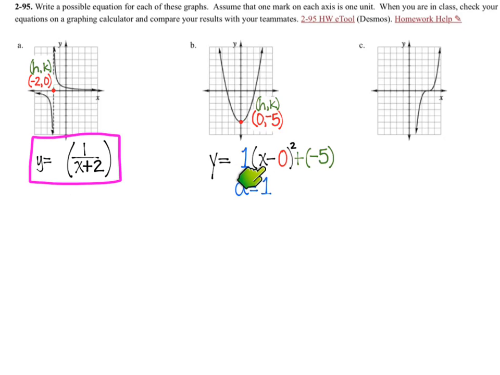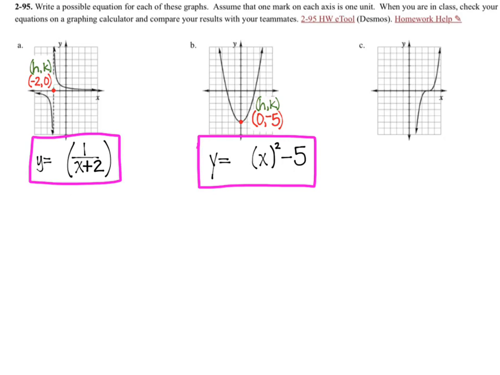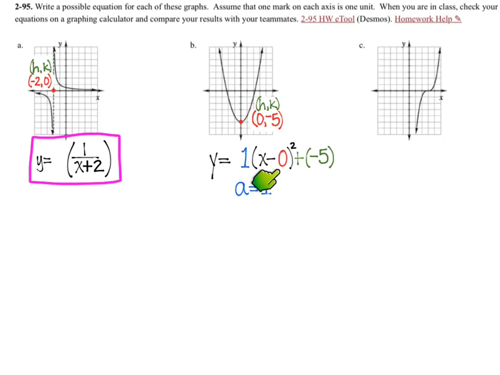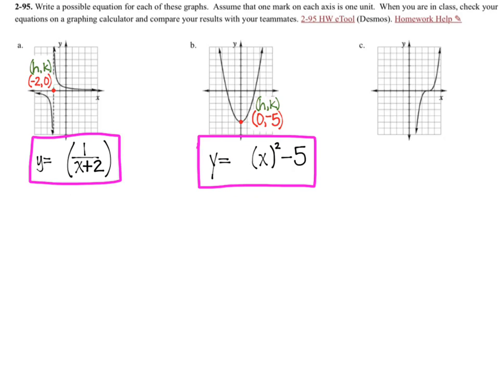Again, we don't need to keep this as x minus 0, so we're going to do some simplification. We don't need a 1 in front. So when we simplify this, we just get x squared minus 5. We had x minus 0, so that just becomes x. When we're adding a -5, that's the same as subtracting 5. And we don't need to write 1 times anything, so it simplifies to that.